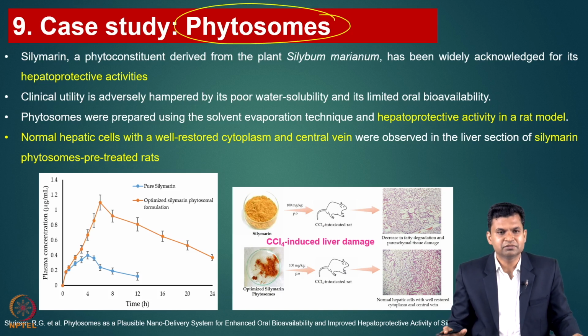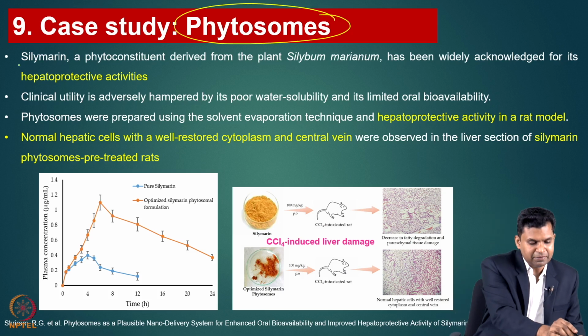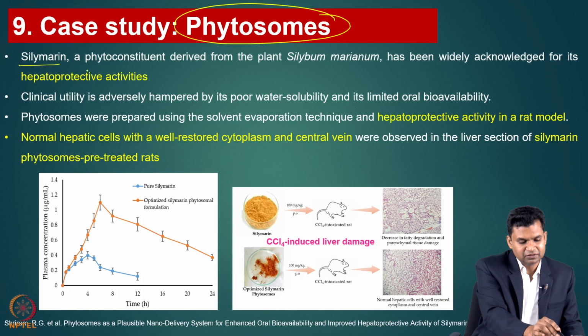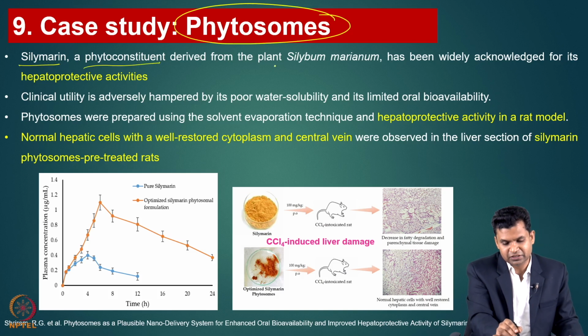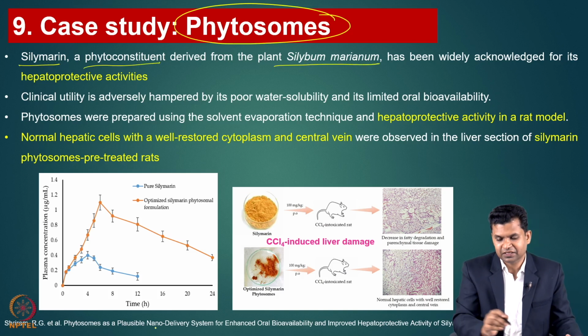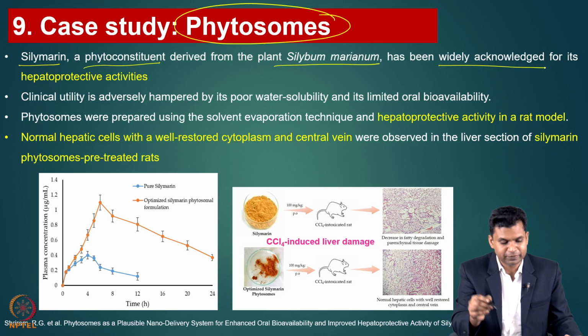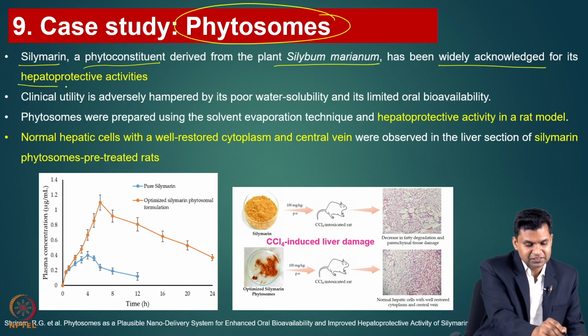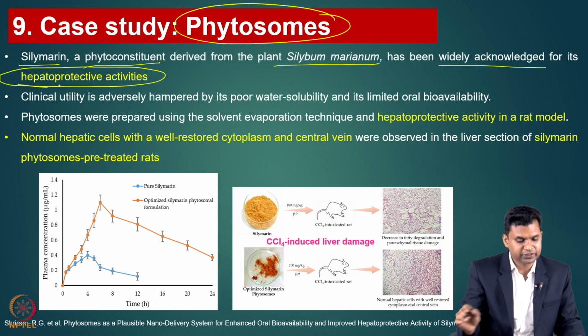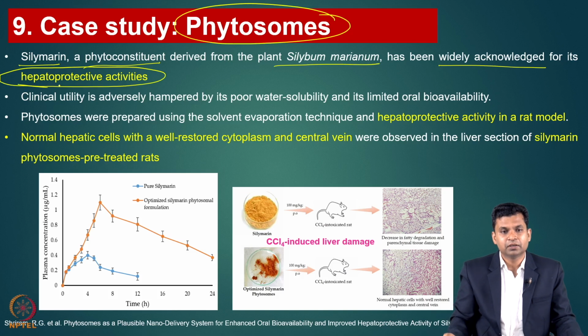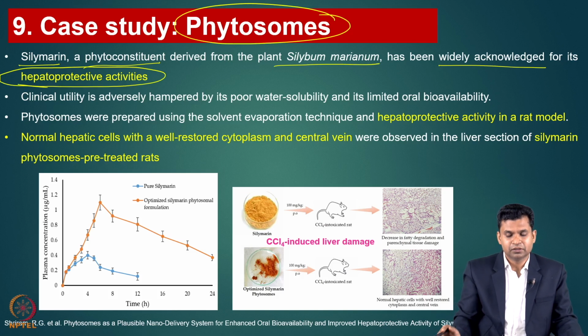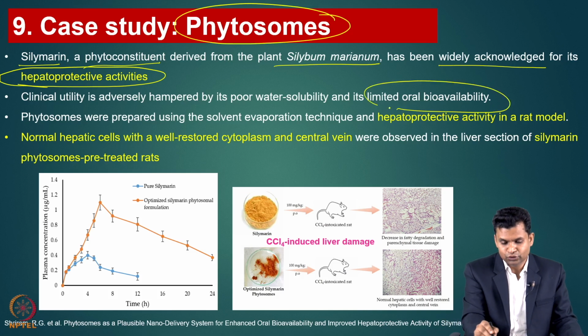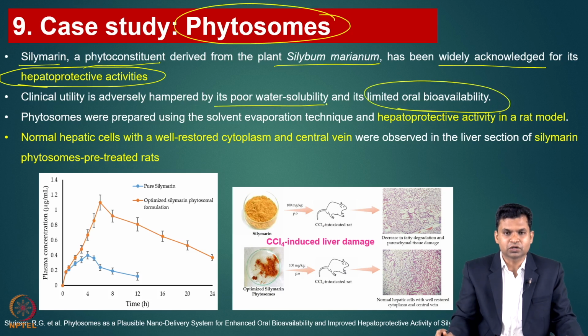Here the authors have selected silymarin, which is a phytoconstituent derived from this species, and it is well documented that silymarin is a hepatoprotective agent, but it suffers from low bioavailability due to water solubility limitation.